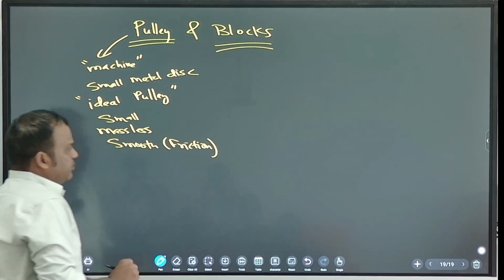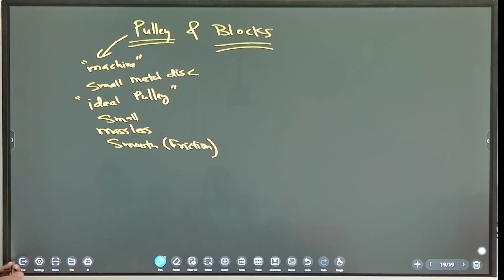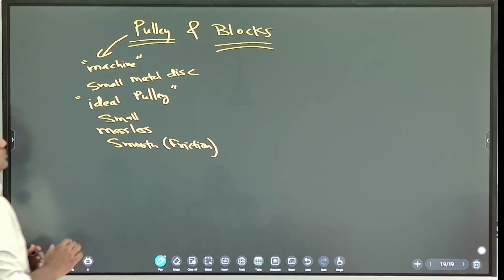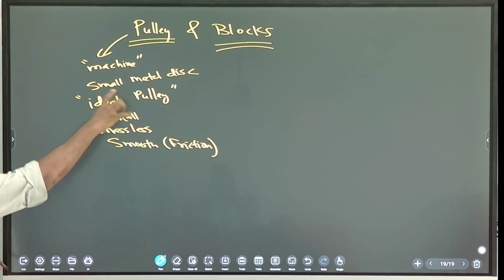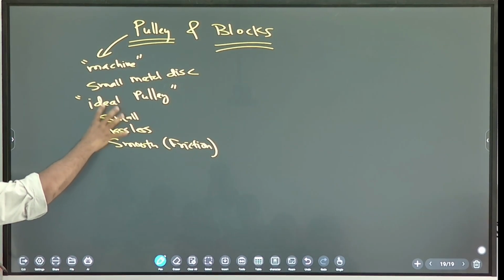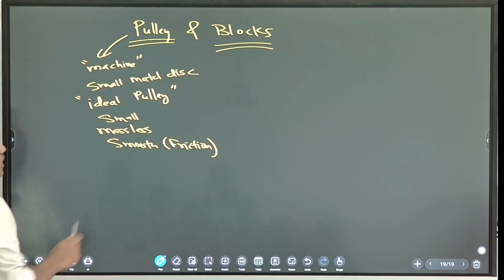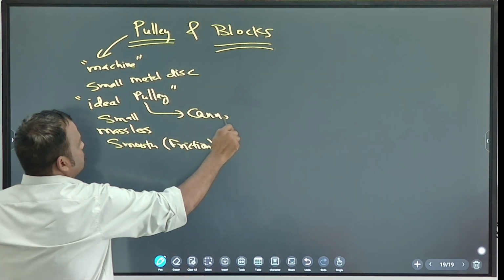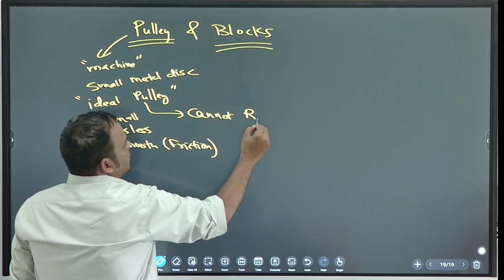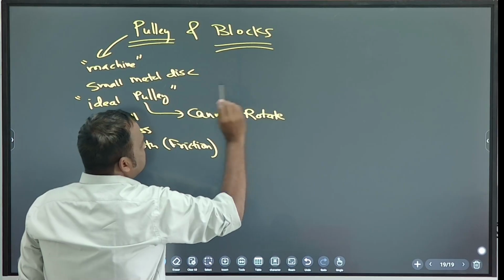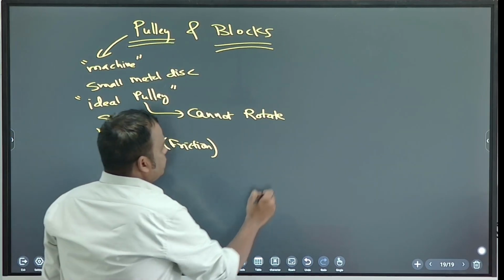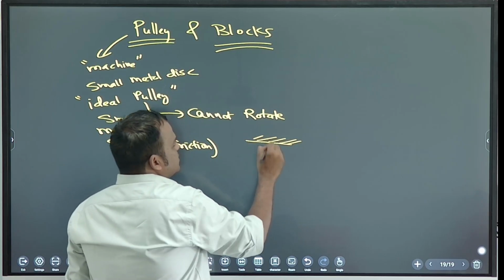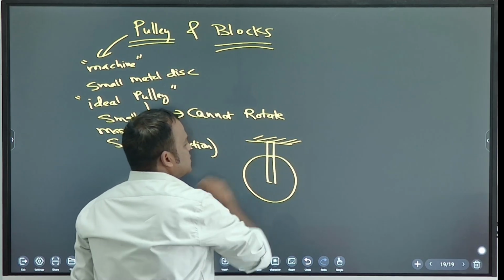Let's take one example. Pulley is a machine, a small metal disc. Ideal pulley means small, massless, smooth. An ideal pulley cannot rotate. Why? See, suppose this is the clamp, this is the pulley.